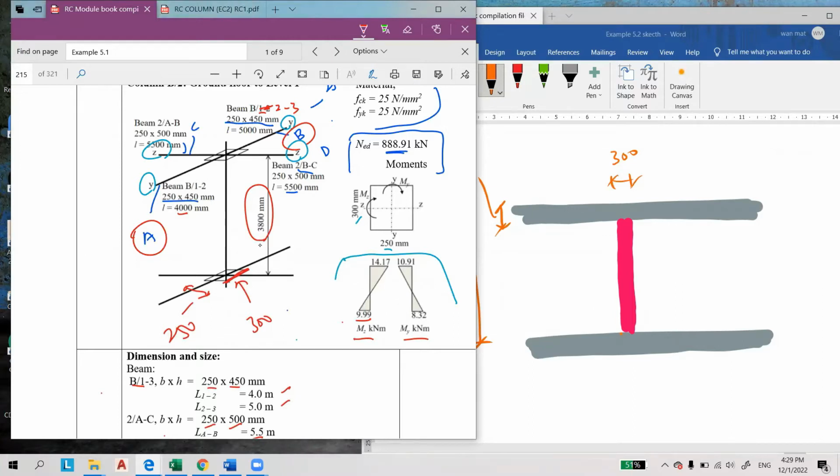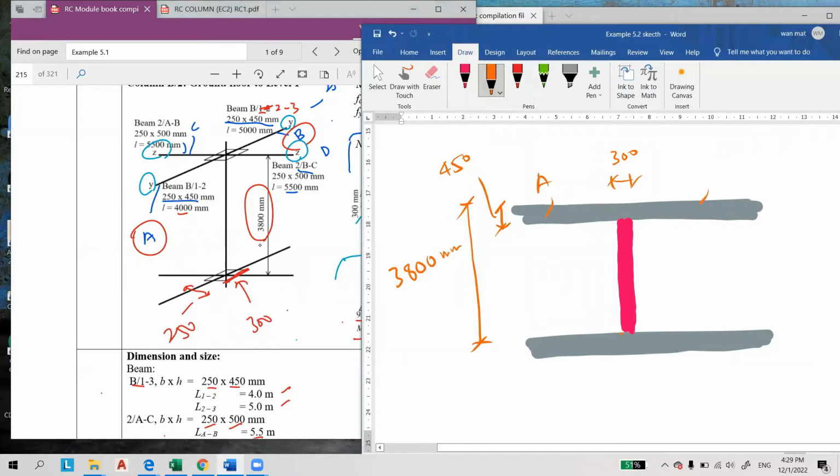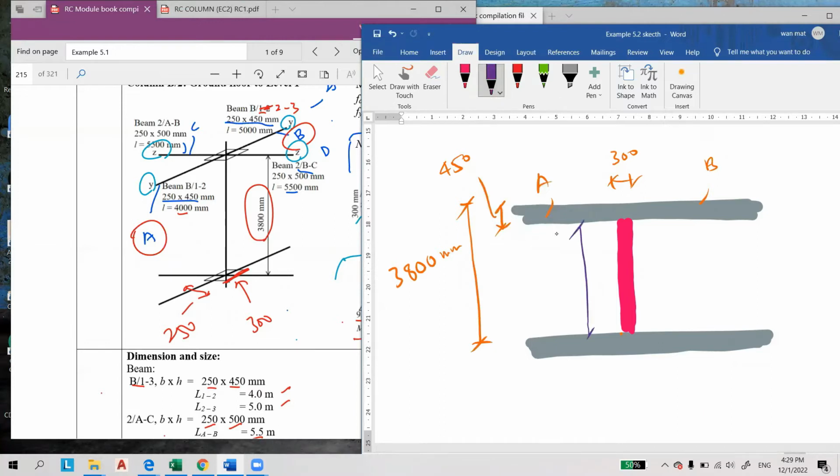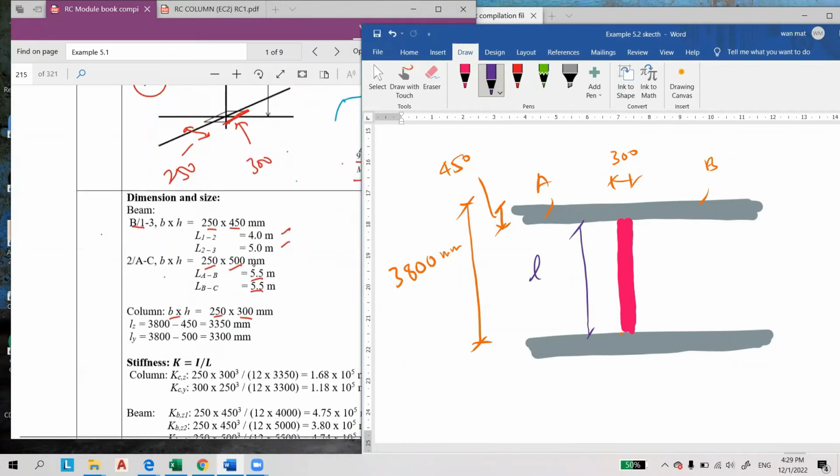So this is beam A and this is beam B. We want to know the clear length, which is very simple. LZ is equal to 3,800 minus the depth of the beam 550, so equal to 3350 mm.